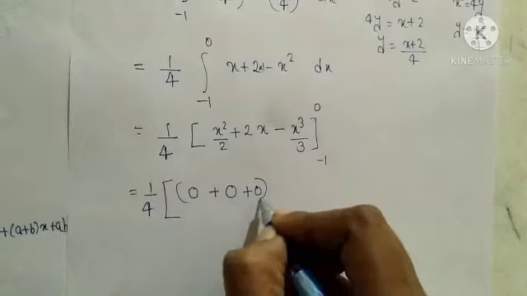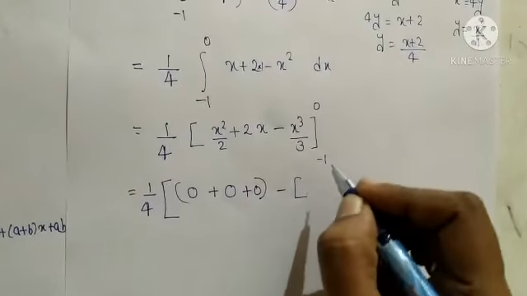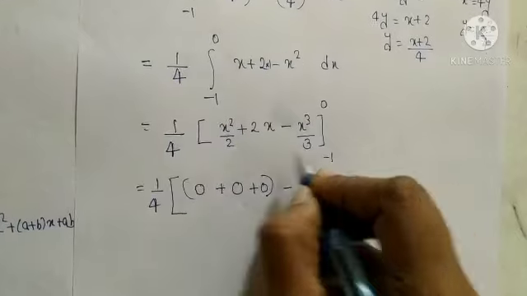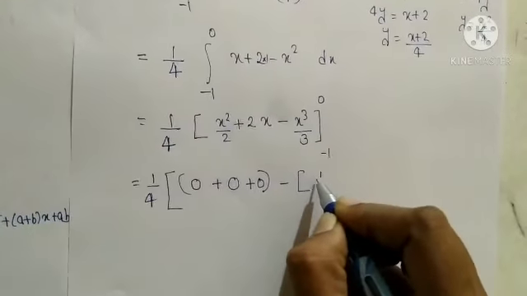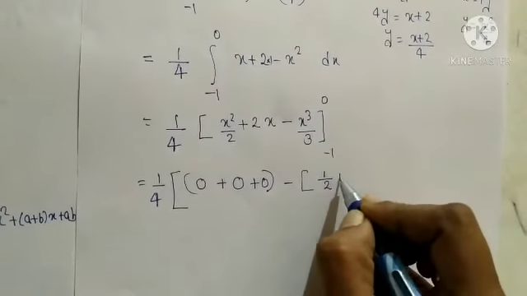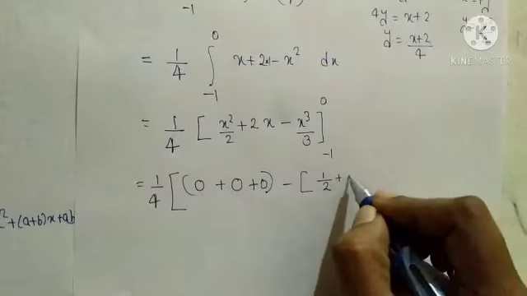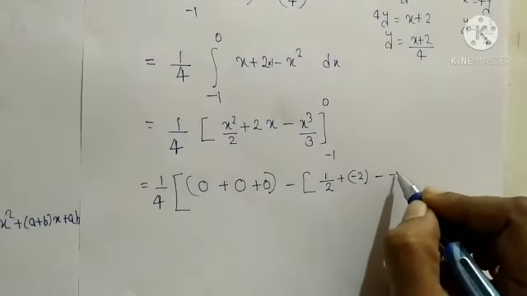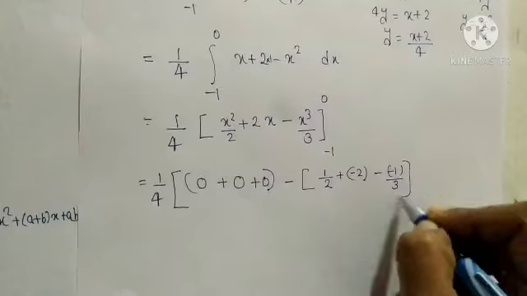So this is our upper limit minus lower limit, that means minus 1. Replacing this x by minus 1, we get minus 1 square, that is 1 by 2, plus 2 into minus 1 will become minus 2, minus minus 1 cube is minus 1 divided by 3.